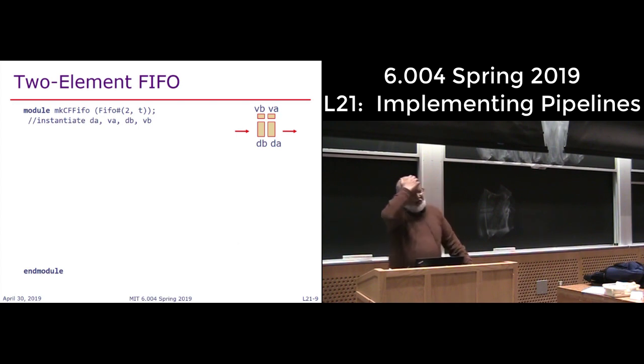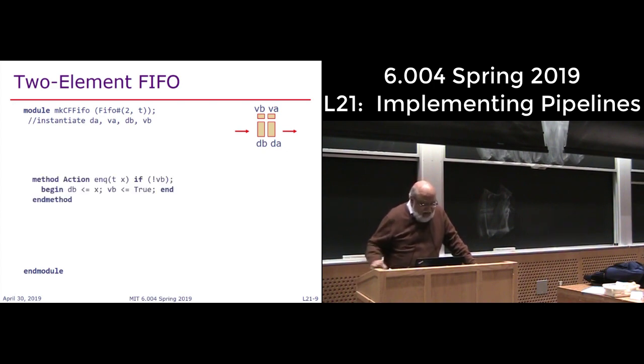So this is not difficult to write. Let's just quickly write down this code, right? Does this make sense? The NQ operation. As long as there is nothing in the first element, right, the VB is false, then you are storing the data in DB and marking VB to be true.